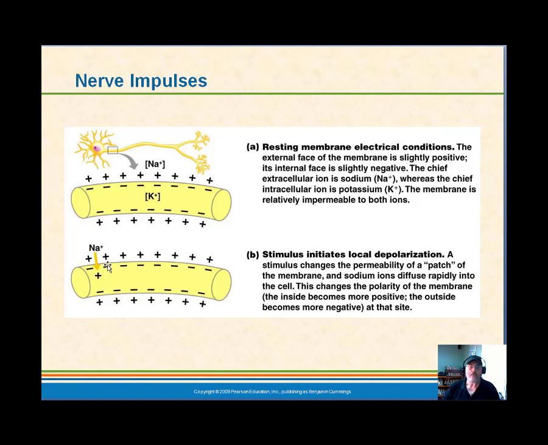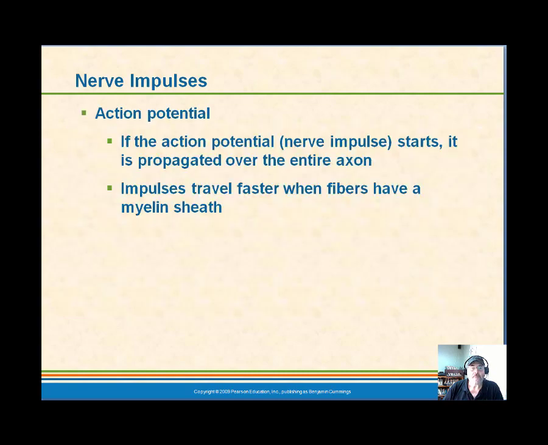And so these are electrically gated channels. And when we get this reversal of charge, then this area adjacent to it, those channels open up, which causes more sodium to move in and more potassium to move out, which causes the area adjacent to that to have its channels open, and so forth, so that the signal just propagates down the length of the axon.